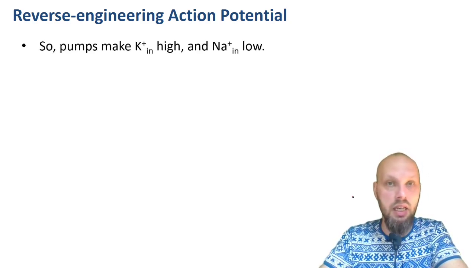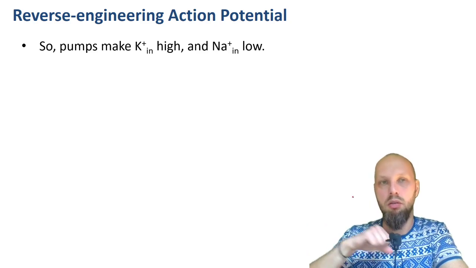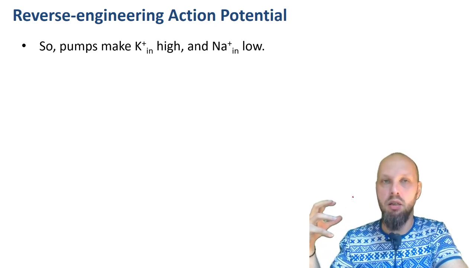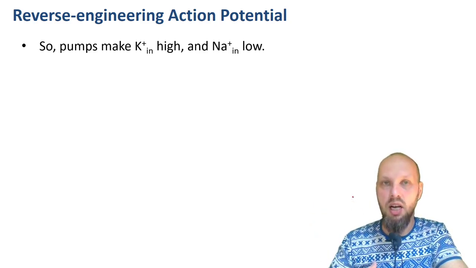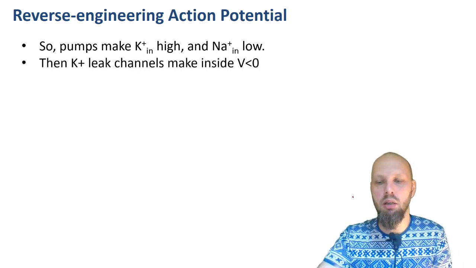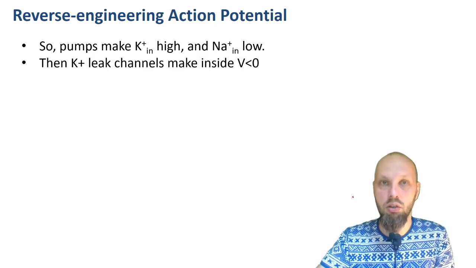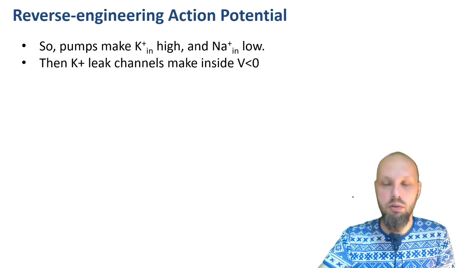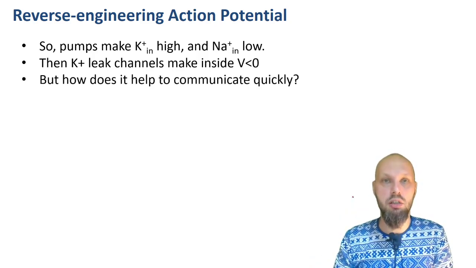So again, pumps make the potassium concentration inside the cell high and the sodium concentration low, and then leak channels bring the voltage inside to negative values through the process that I just described.